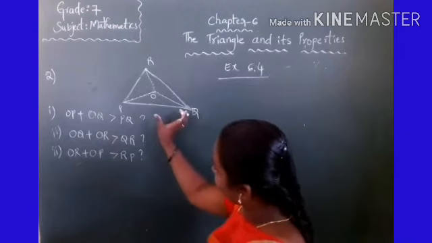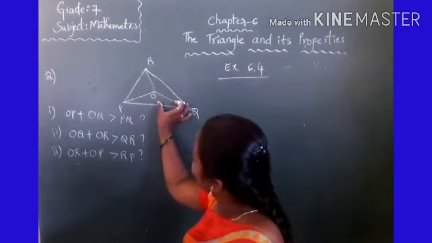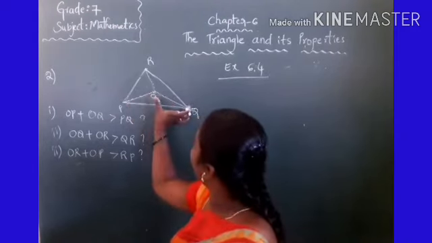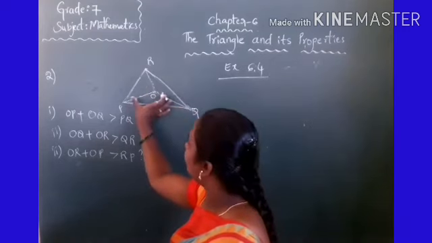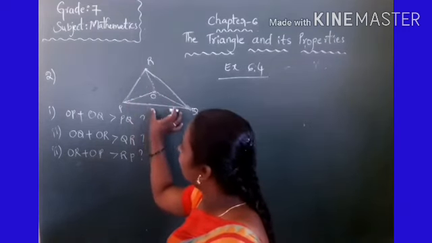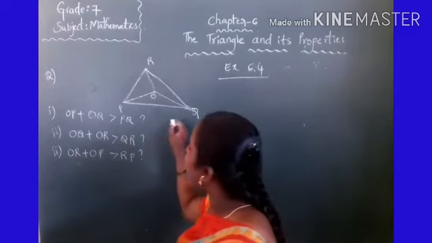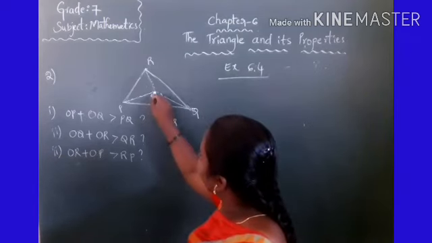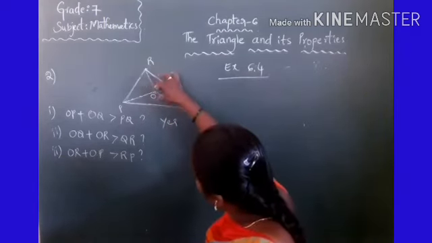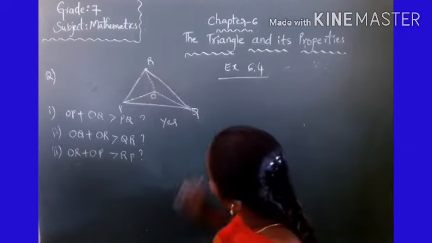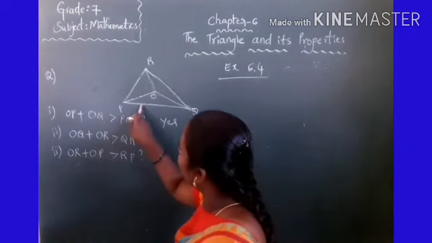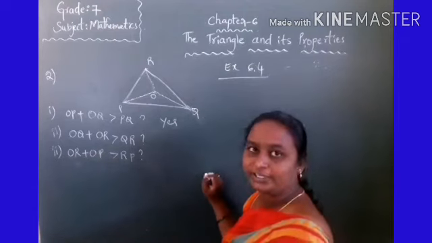Here two sides, that are OP plus OQ. Is the sum of two sides greater than the third side? Yes. So in the triangle OPQ, OP plus OQ is greater than PQ.